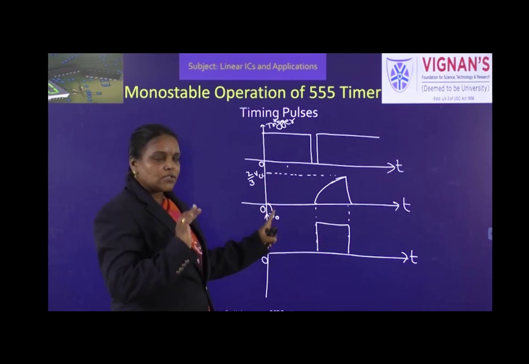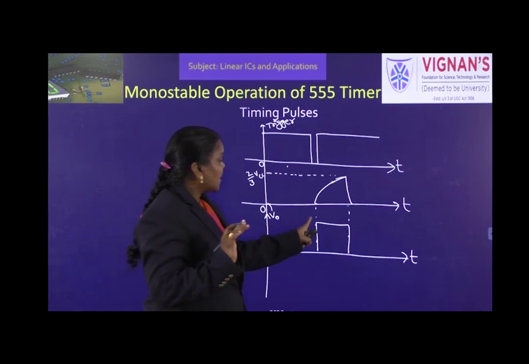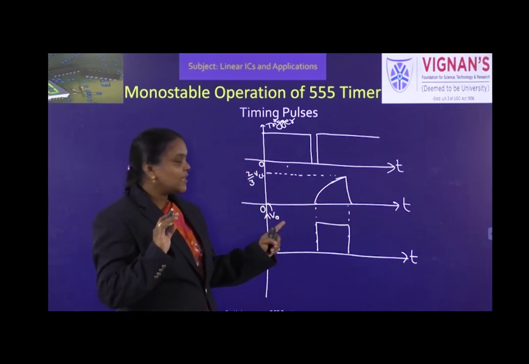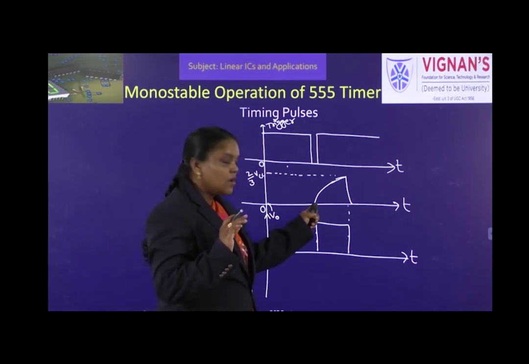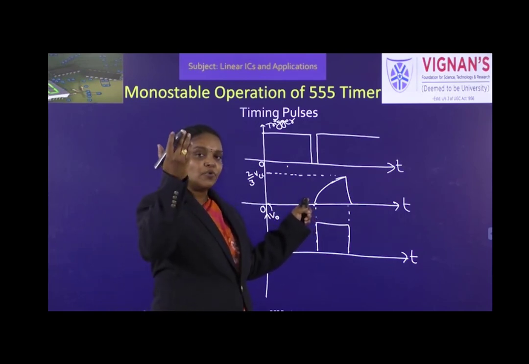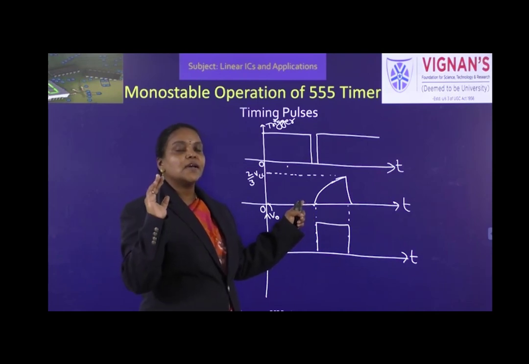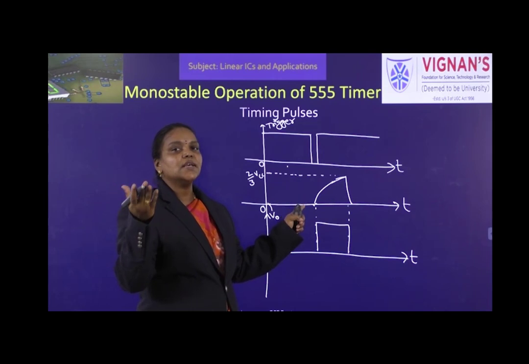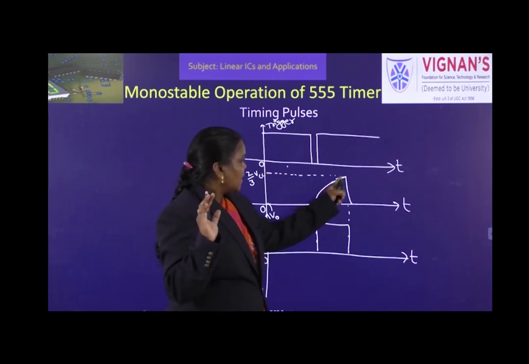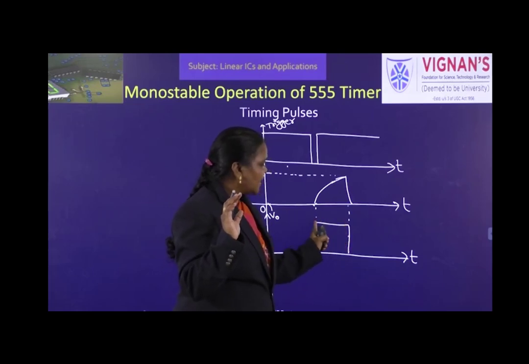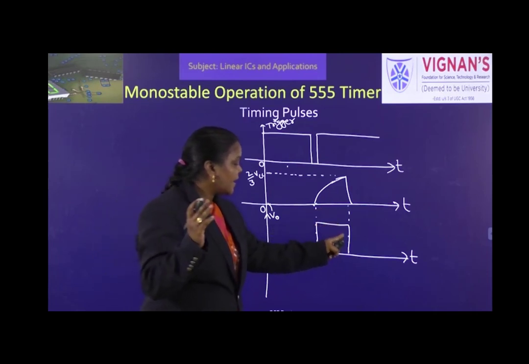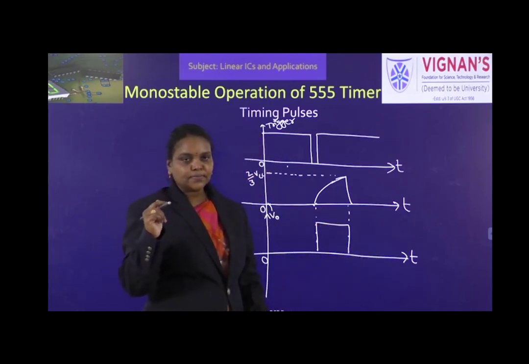When output is logic high, then only the capacitor starts charging, because Q1 will be in off state. Then only the capacitor starts charging from 0, and it wants to charge up to VCC. It is its final target. But whenever its voltage just crosses 2/3 VCC, the state of the output will be changed. Okay. So till then it will be in on state. Whenever the state changes, then again output will go to 0.